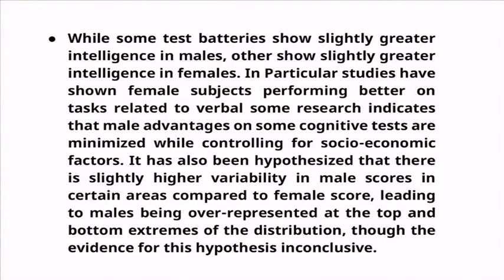It has also been hypothesized that there is slightly higher variability in male scores in certain areas compared to female scores, leading to males being overrepresented at the top and the bottom extremes of the distribution, though the evidence for this hypothesis is inconclusive.